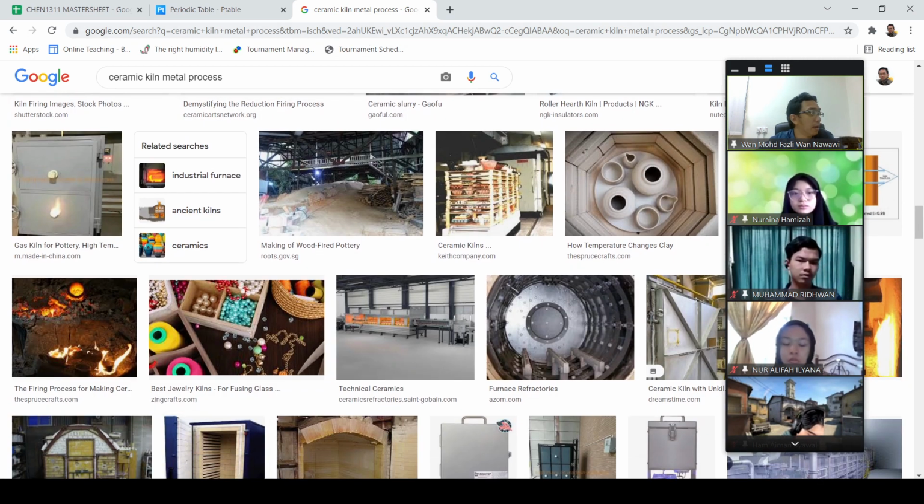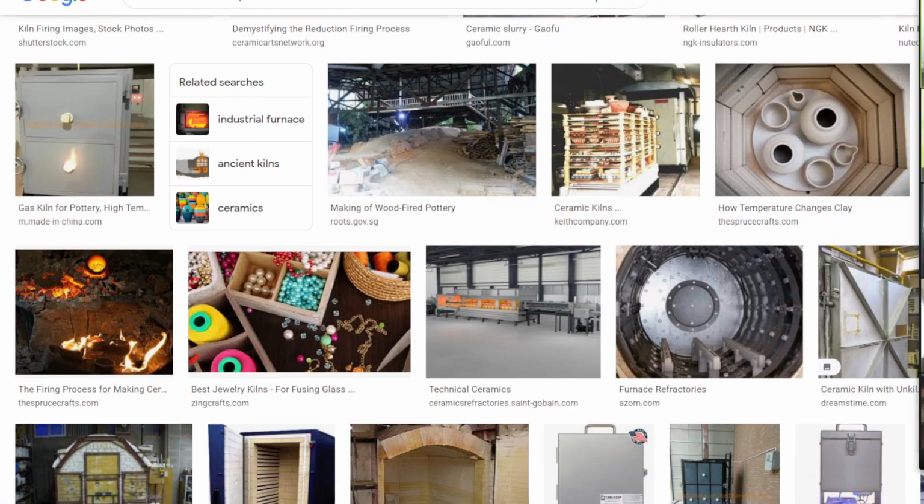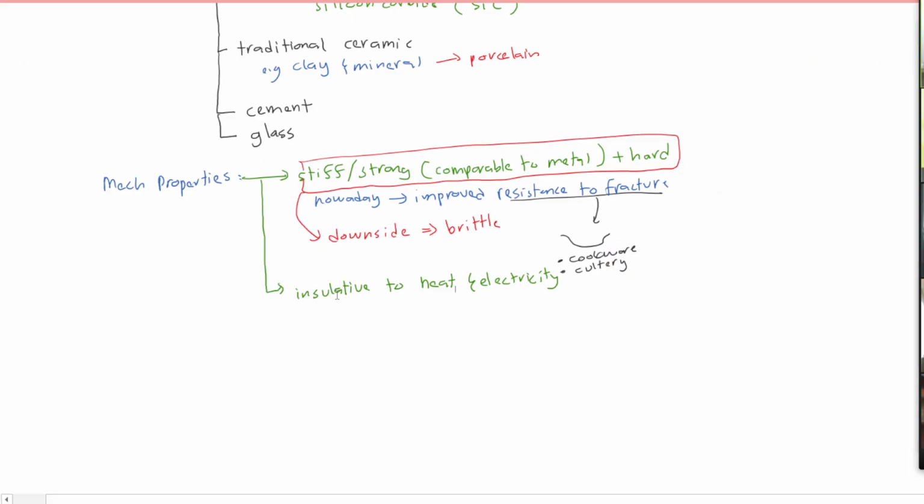So that's one of the distinct features of ceramic, because it is insulative. It has a very high melting point compared to other polymers or metals. And also it has high resistance related to the previous mechanical properties.